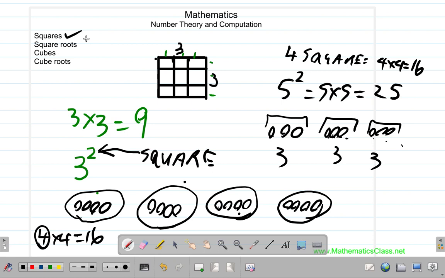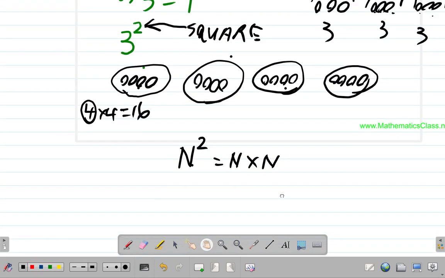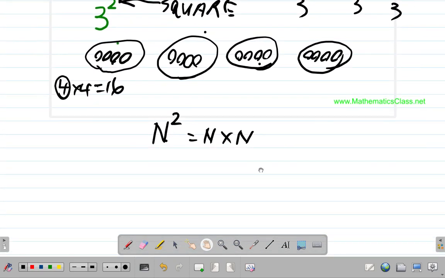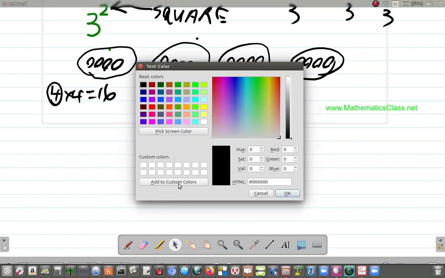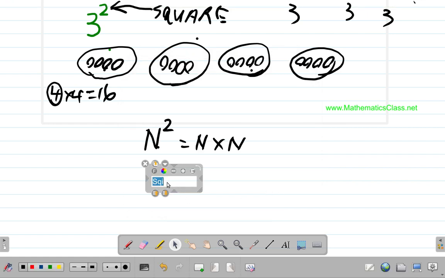The square root. Let me write it down here. Square root.